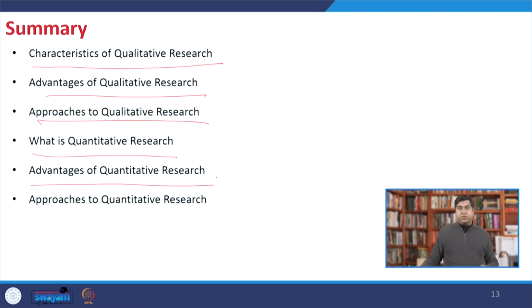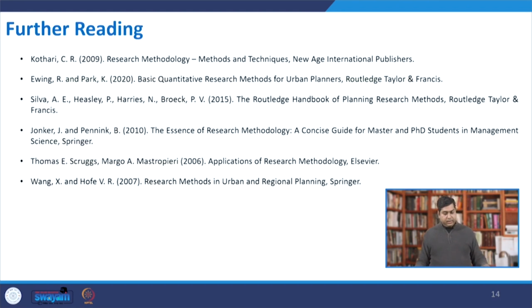Also the different approaches of quantitative research. I hope this will bring some clarity to your thought process about which particular method is more applicable for your current work, and we'll discuss this in detail further with examples, and there I'll show you the difficulties where you may get some confusion and how to solve it. With that, I end it here.